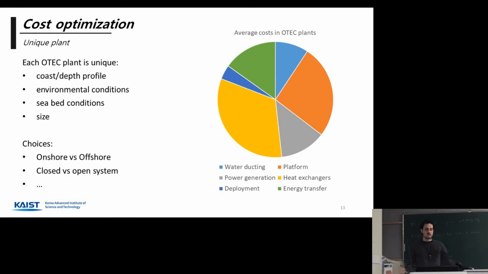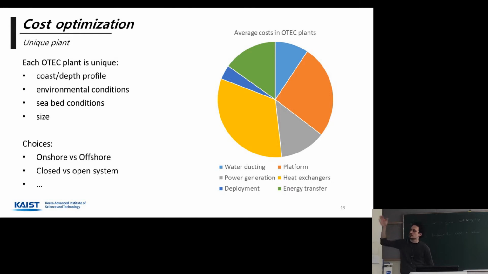So we need to improve the competitivity of OTEC, and for this we have three options: cost optimization, increase of efficiency, and hybrid system. So let's talk about the first, cost optimization. Similarly to an offshore power plant, like every project, an OTEC project should be unique.